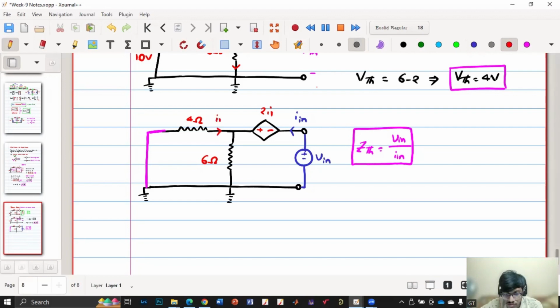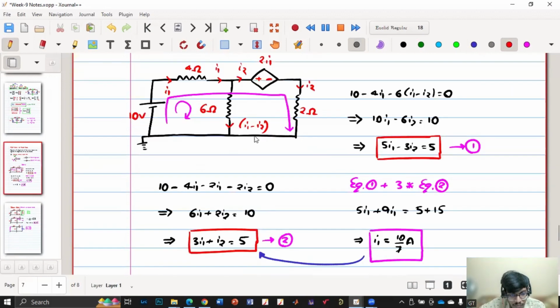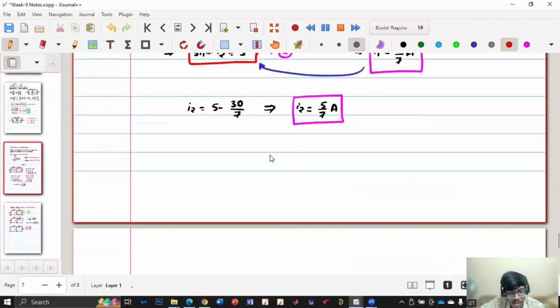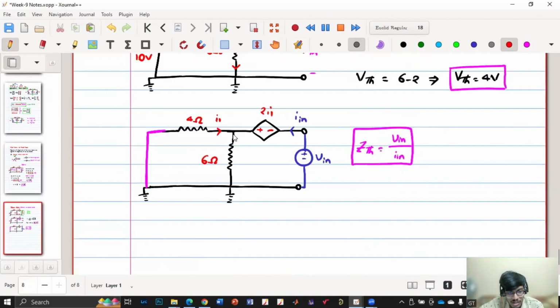Again, there is one important thing. This 2I1 is for I1 flowing from left to right, so the polarity should not be messed up. You have to be very careful with I1. If I1 is flowing from left to right, then the polarity is this. If it is the other way, the polarity will also be reversed. I have considered the same polarity for I1 and this is IN.